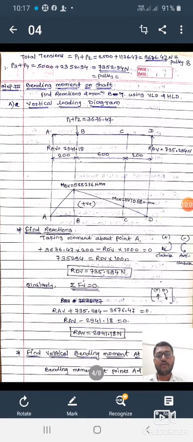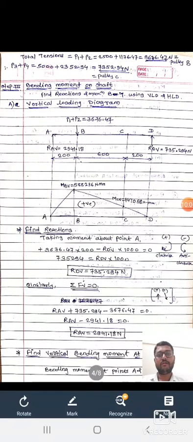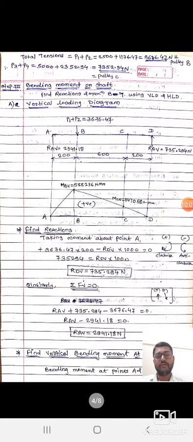Our task is to find the reactions and bending moment, that is RAV and RDV, the reactions at point A and point D.